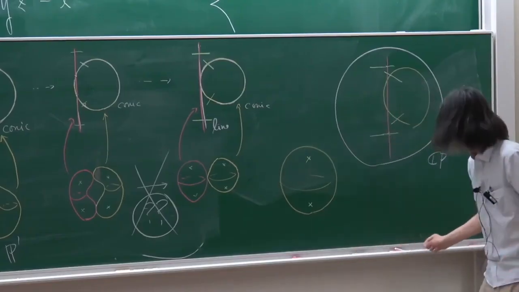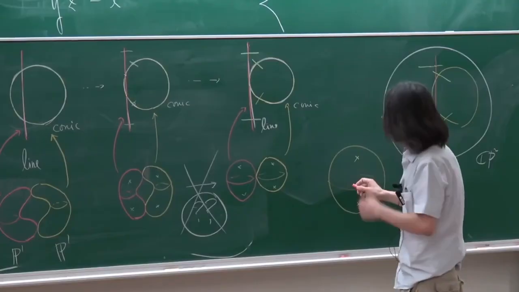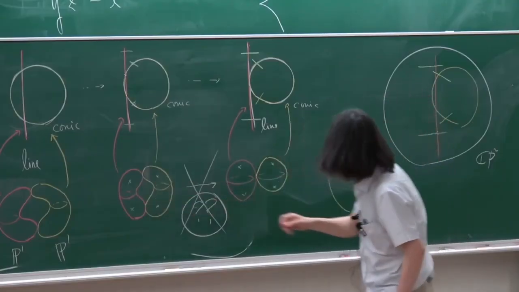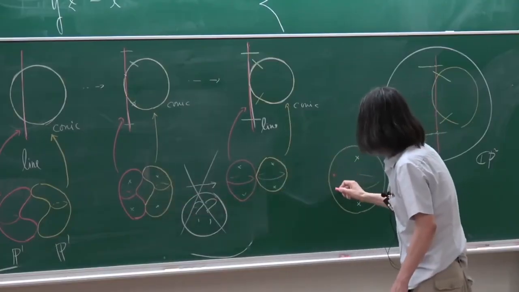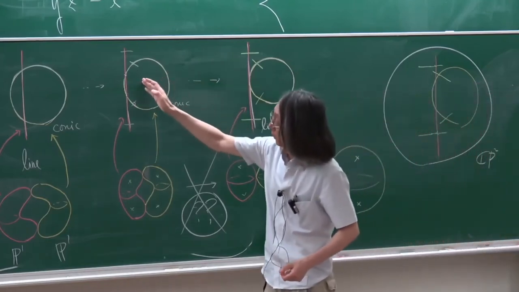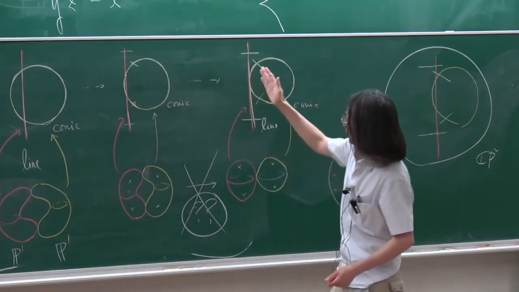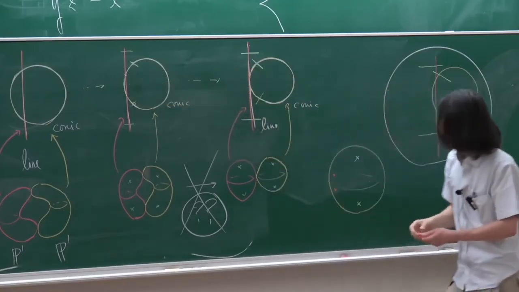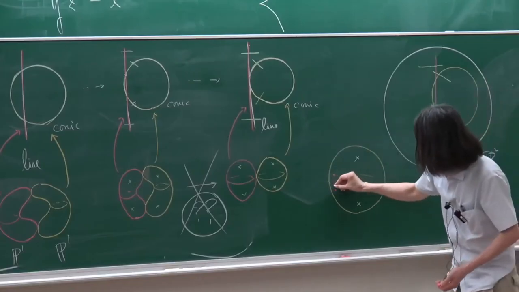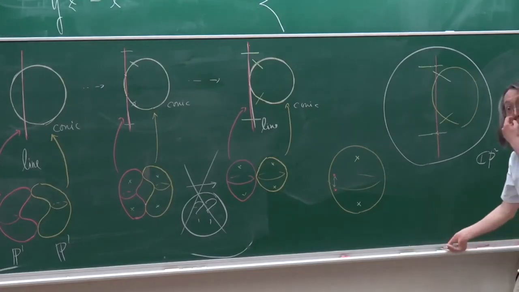Okay? But now I have 2 mark points. And now my 2 mark points actually correspond to these 2 points, right? But as n tends to infinity, this line is getting close to the tangent line. That means these 2 points are getting closer and closer. So therefore, you have a moduli space.